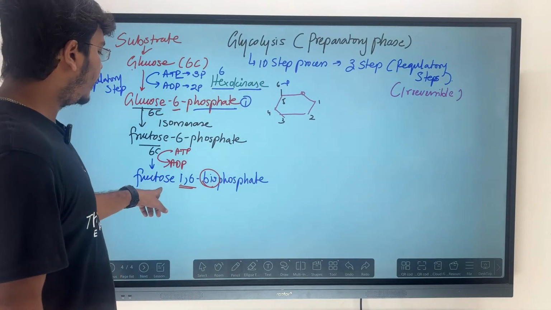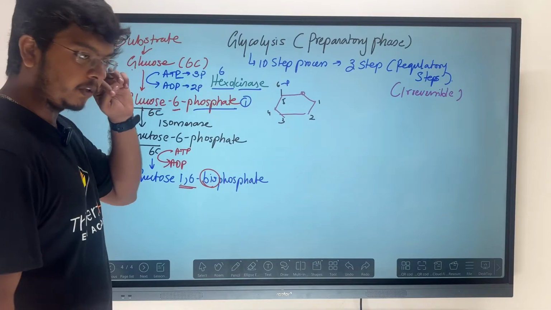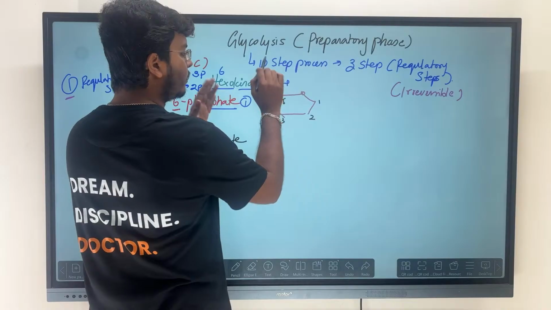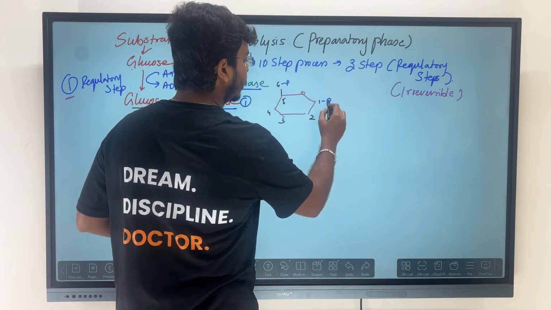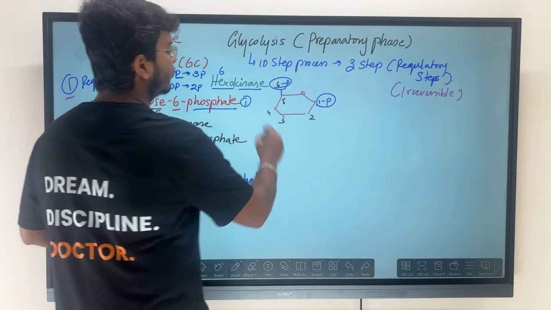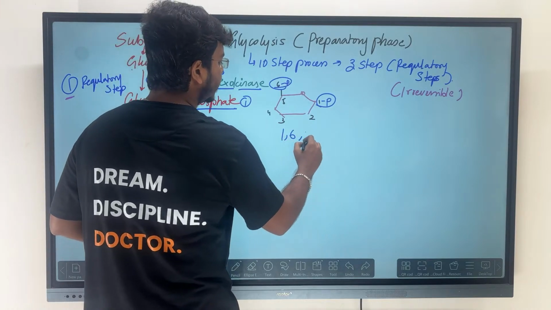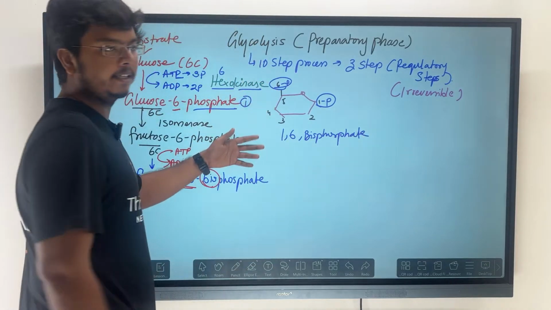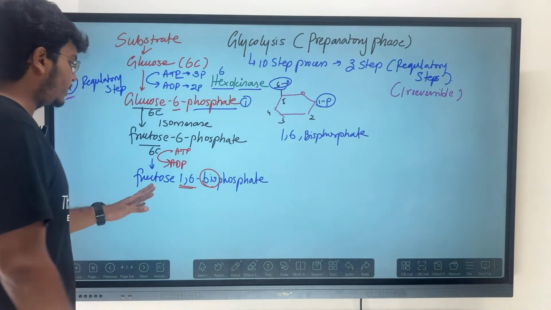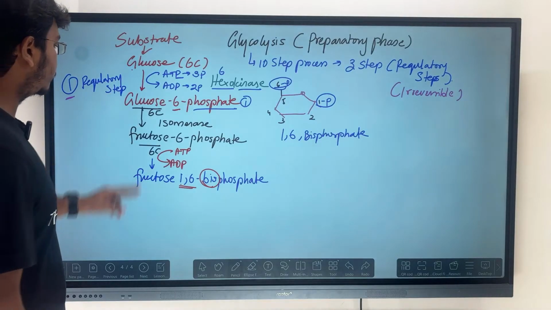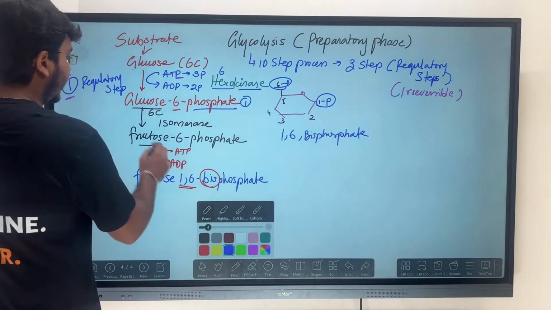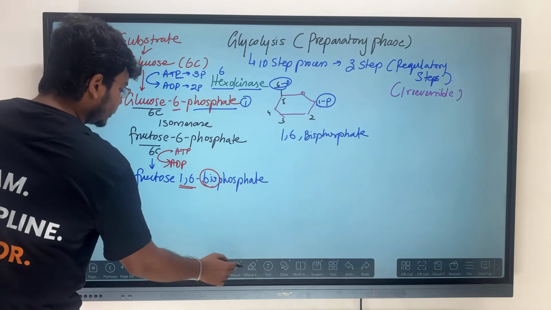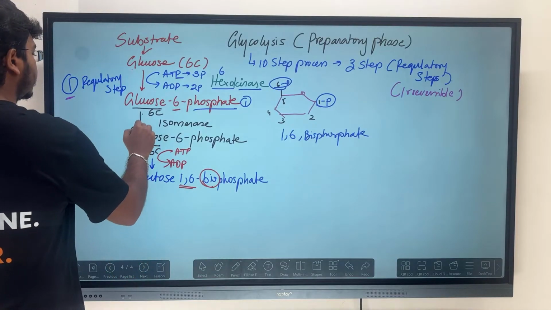Now with fructose 1,6 bisphosphate, already in the 6th position I have 1 phosphate, and now in the first position I'm going to add another phosphate. So this is called 1,6 bisphosphate. Actually this is a glucose structure; we need to consider this in a fructose structure. Hope you understand this, right? So remember, this step is again a regulatory step. Okay, I'll make one small change: this step is going to be reversible.